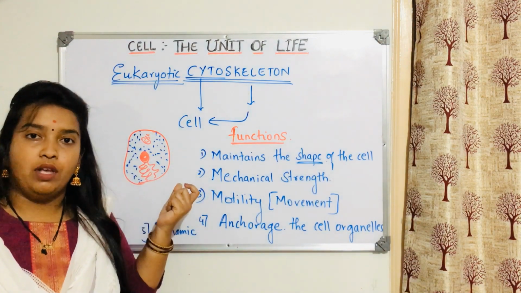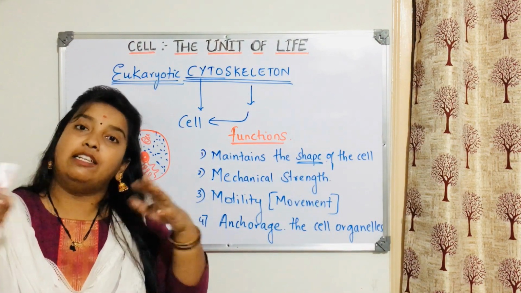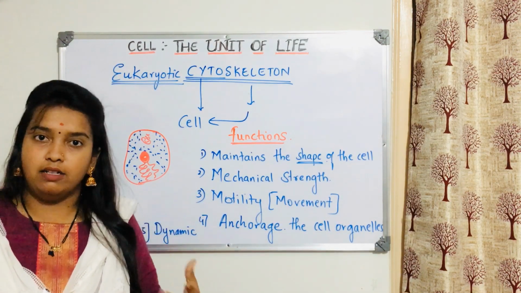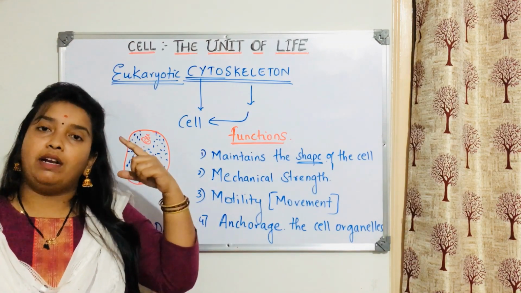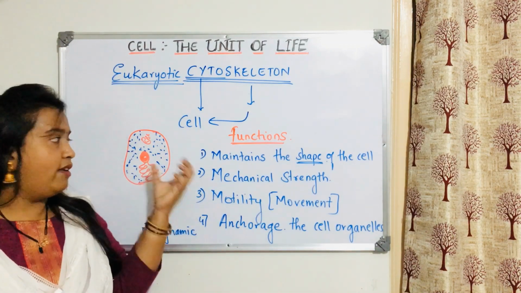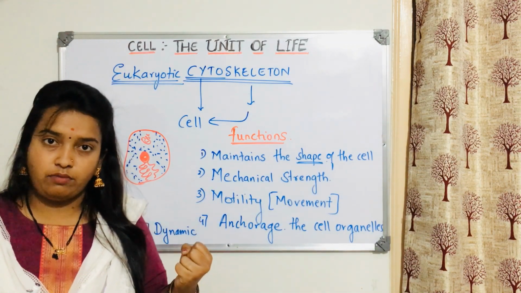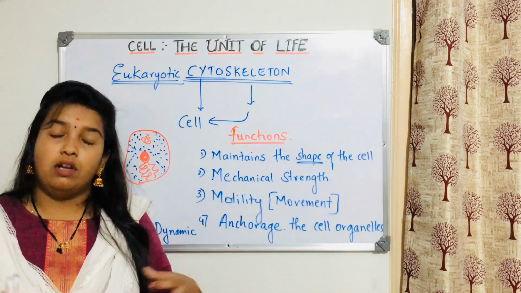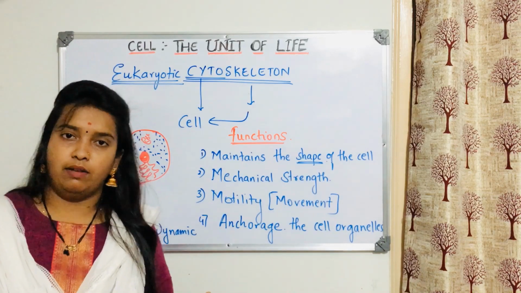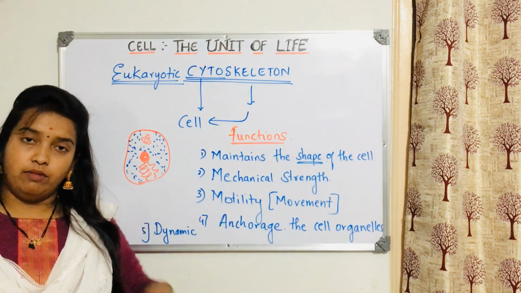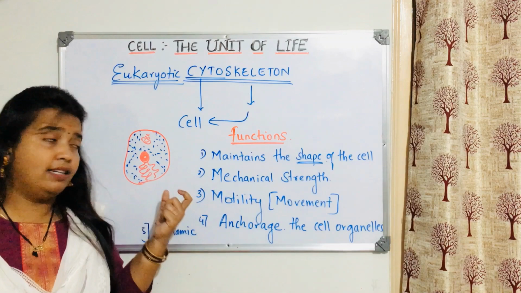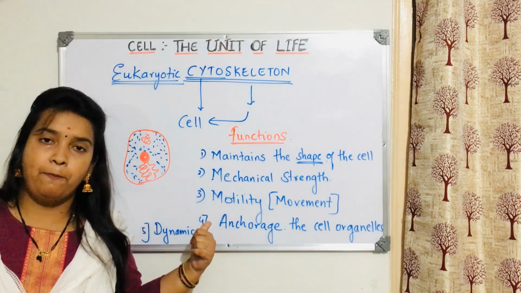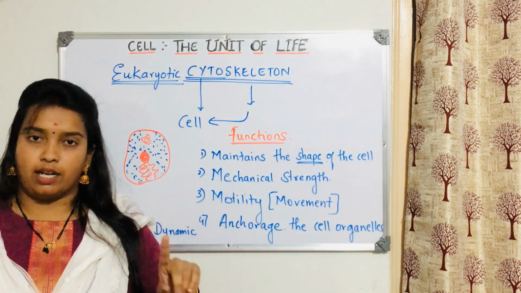During that time, wherever it needs to change, it will allow that movement of those particles within the cell. If movement is not required, then they will become very stiff. They give a particular shape to the cell, they maintain the shape, they give mechanical strength, all those things. That is why I said it is dynamic. Whenever it is required to give some movement, it will give. If movement is not required, it will not give.